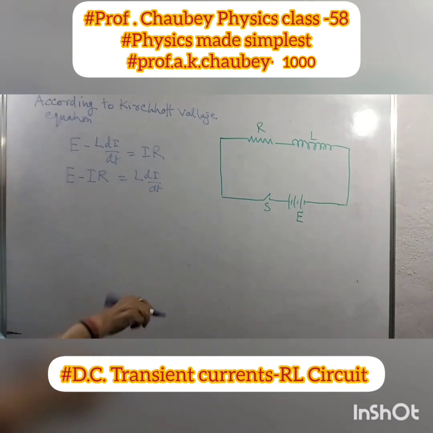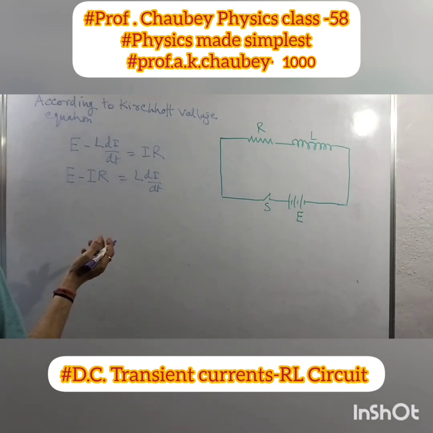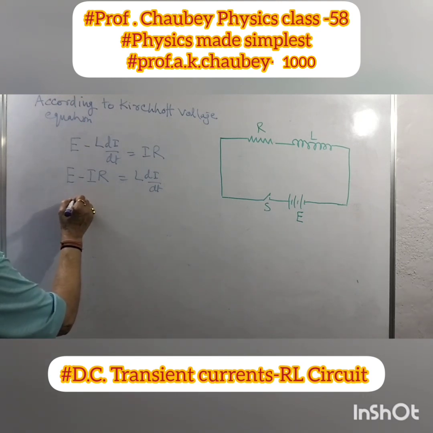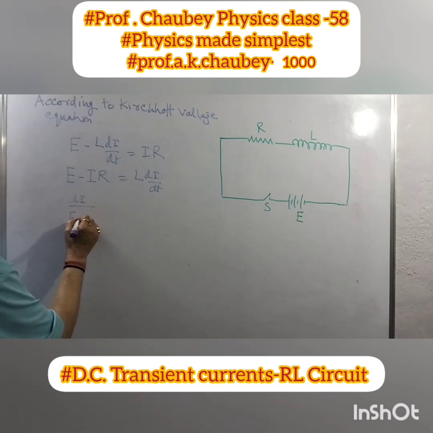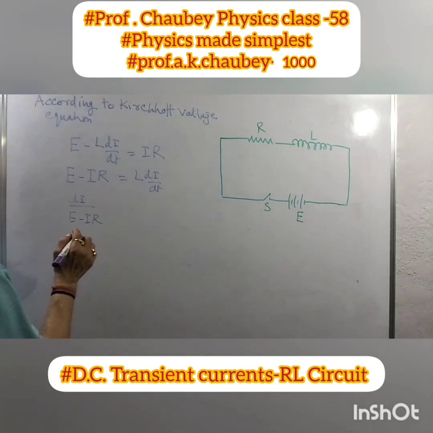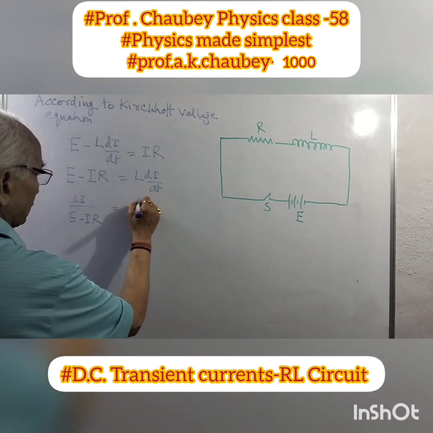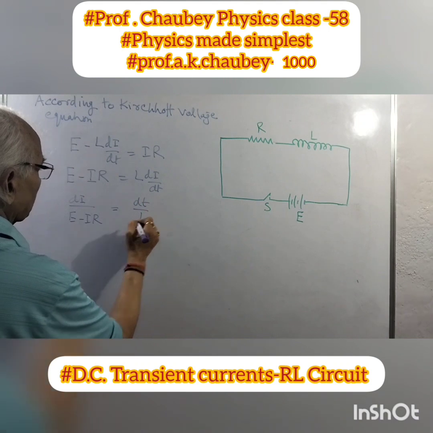For integration, E minus IR is equal to L di/dt. So di over E minus IR on this side is equal to simply dt upon L. You can write like this.